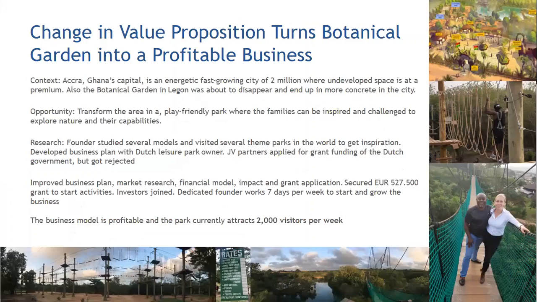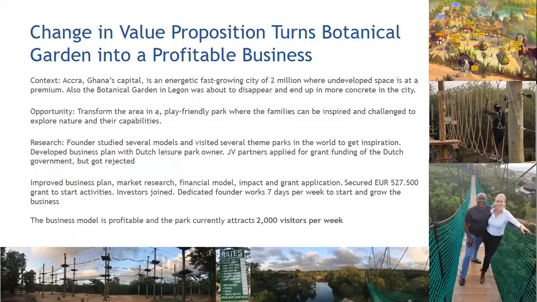So just to give an example, and also because I know you're in challenging areas, I want to share an example of a problem or a challenge that turned into a profitable business model. It was a botanical garden in Ghana, close to Accra, and it was not profitable. They had not enough income to cover the cost, and there was a risk that it would be closed and then used as construction area.